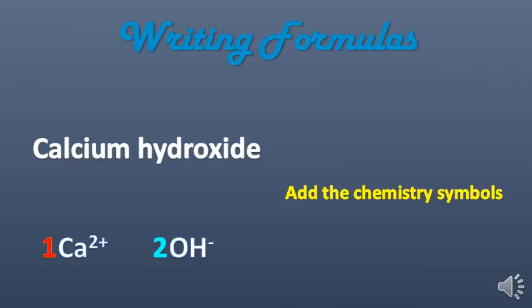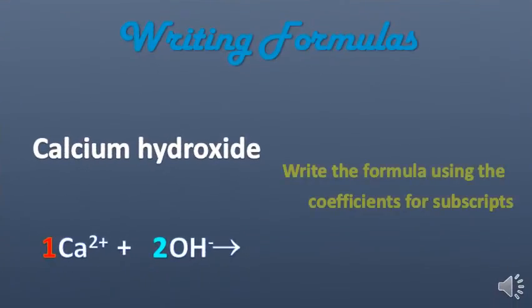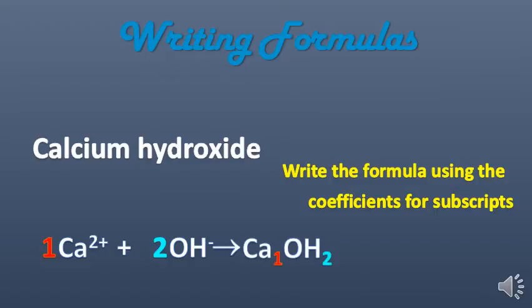Now we're going to add the chemistry symbols, just because that's part of speaking chemistry. Now, write the formula using the coefficients for subscripts. How's that look? Does that look good to you? Be careful, because if you write it like that, you are not showing me 2 hydroxides.